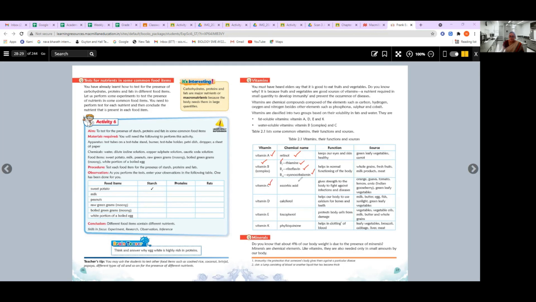Then vitamin C, ascorbic acid. Vitamin D, calciferol. Vitamin E, tocopherol. Vitamin K, phylloquinone. So that's all for today's class.